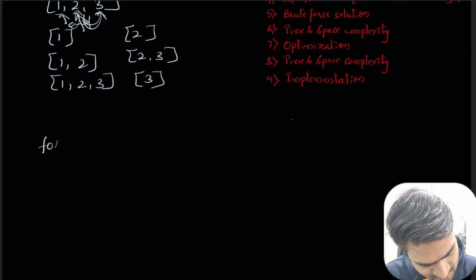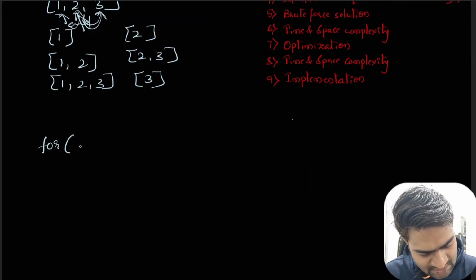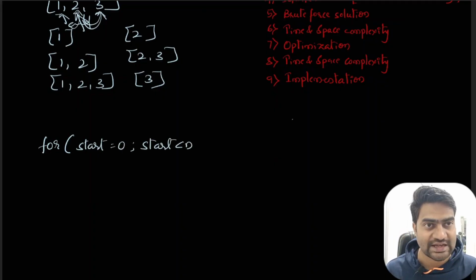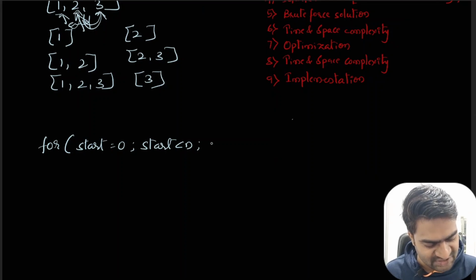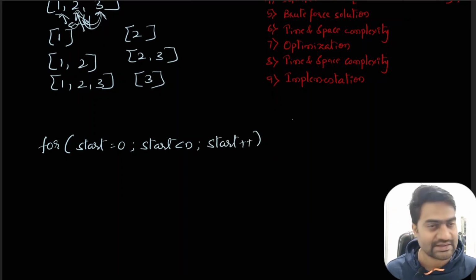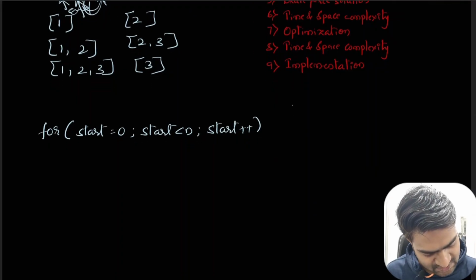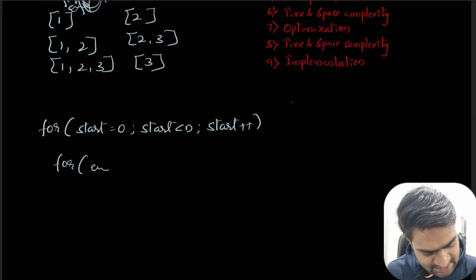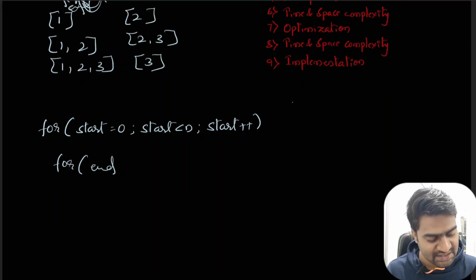So what I will do, I will say for start equal to 0 and start less than n, where n is length of the nums array. Okay, then start plus plus. So this is my starting index. Next, another for loop I will take. I will say it is end, and its initialization would be not 0.